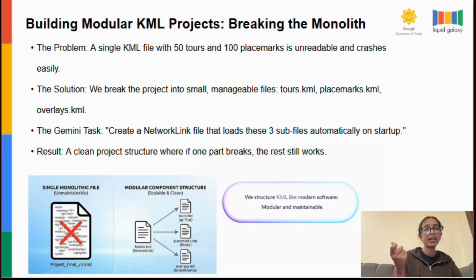Gemini helps automate that structure, generating the linking logic so the system loads everything cleanly at the startup point. The payoff is huge. If one part breaks, the rest of the system still works. The project becomes scalable and maintainable, and that's what we want, I guess.